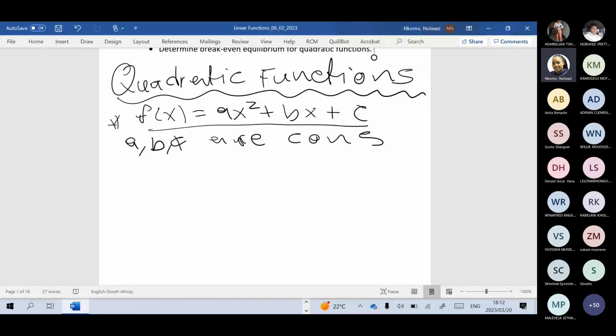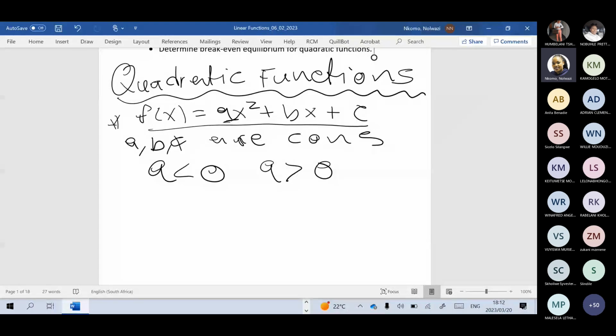And if this function has a minimum turning point, that means our a is greater than 0. If our a is equal to 0, that's no longer a quadratic function, because that means we'll have f(x) equals bx plus c. That's the linear function. So it's no longer nonlinear, and it's no longer a quadratic function.